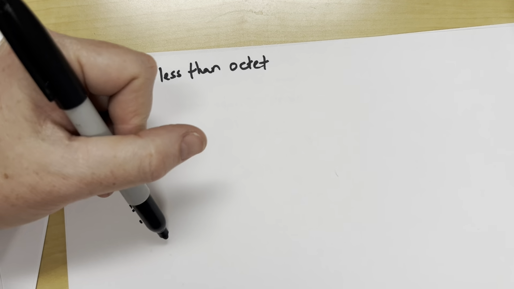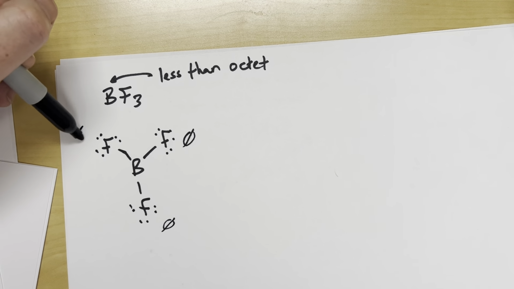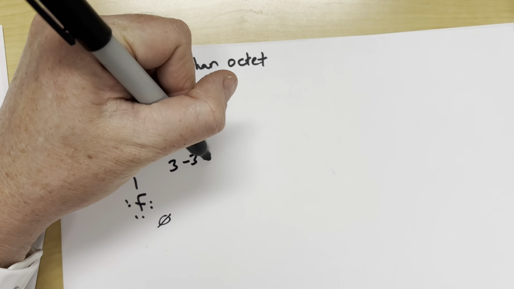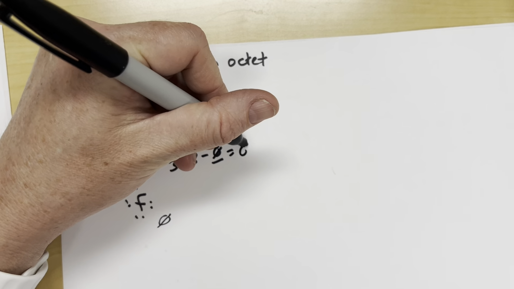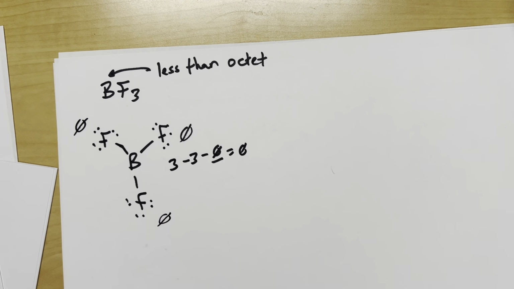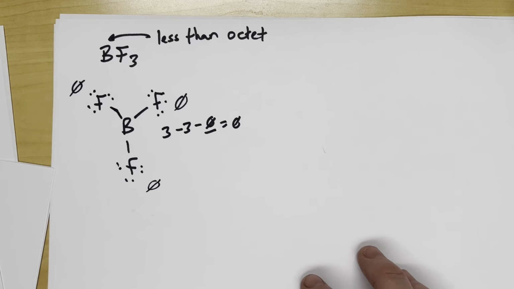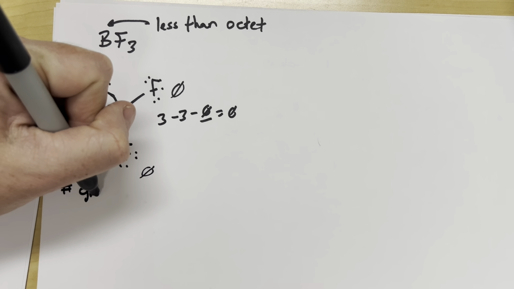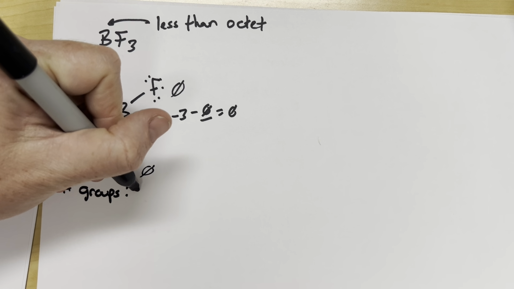But we could check this all because remember that has 0, that's 0, that's 0. Let's look at this boron. It has 3 valence electrons minus 3 sticks. It needs 0 dots in order to equal 0, and that's why this structure works. All right, let's talk about the number of groups. Hopefully you agree it's got 3.